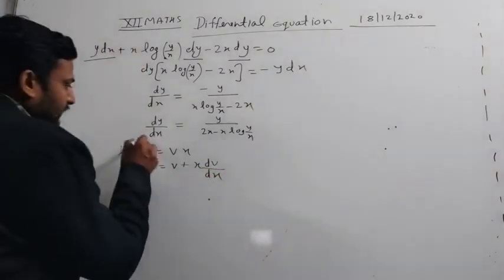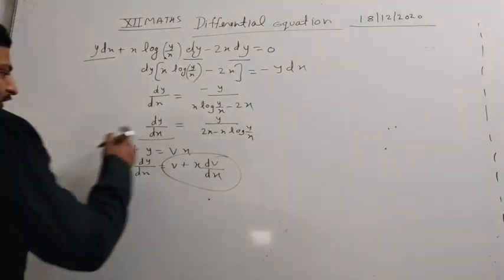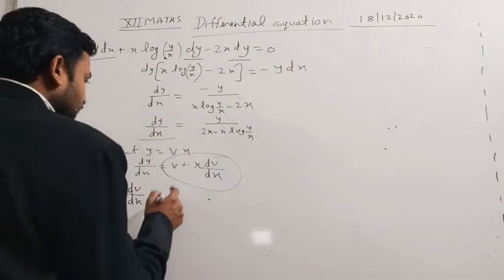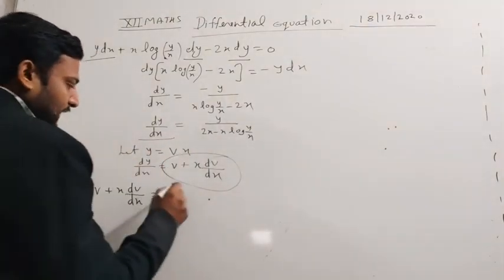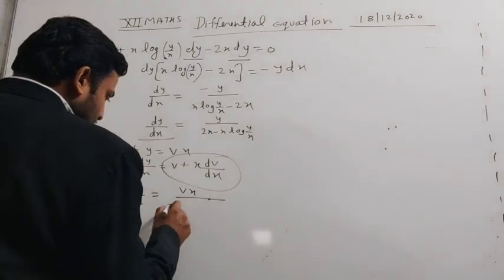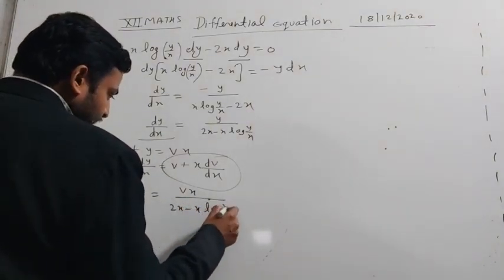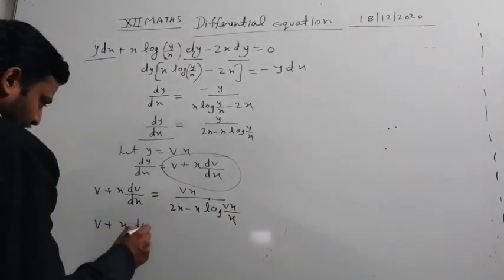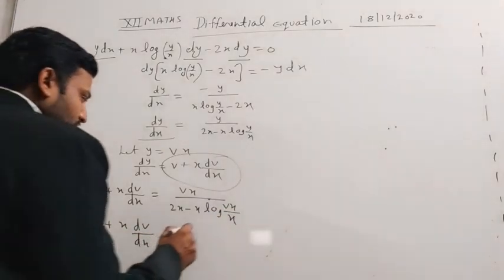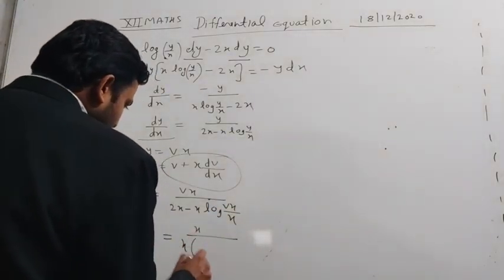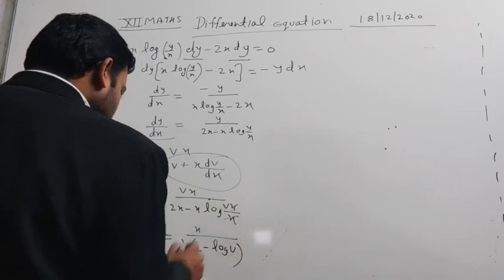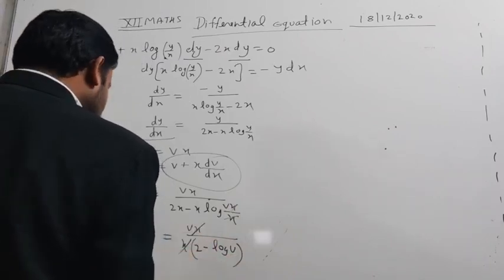So we replace dy by dx with v plus x dv by dx, and this is equal to, in place of y we put vx, and in the denominator 2x minus x log v. Taking x outside, we get 2 minus log v, and this is vx. x and x cancel out.